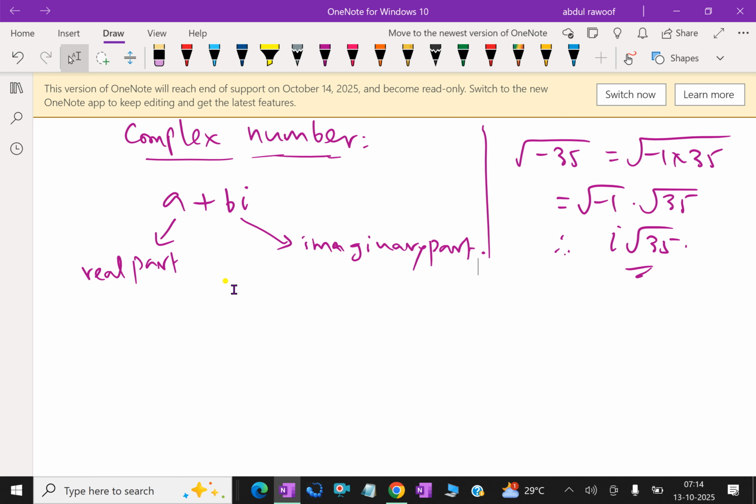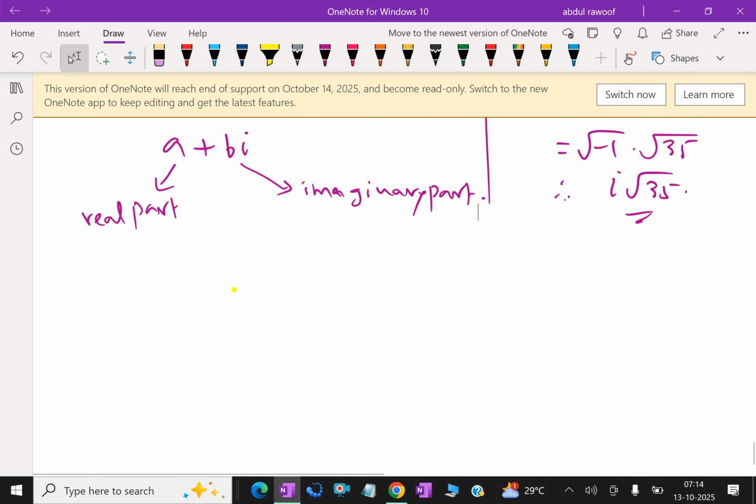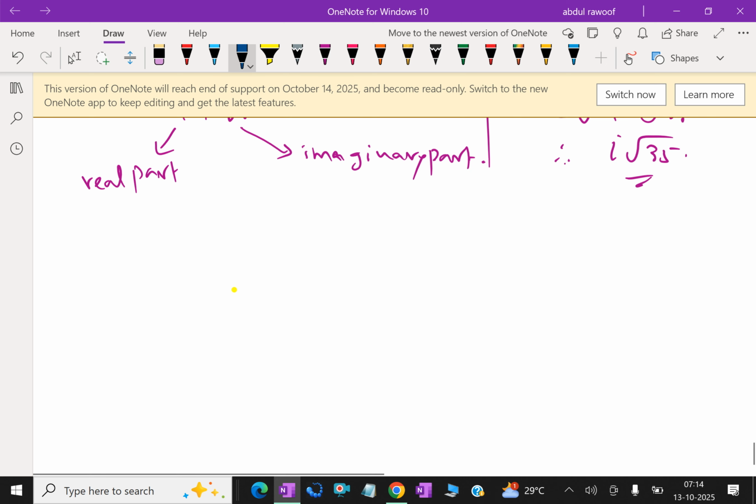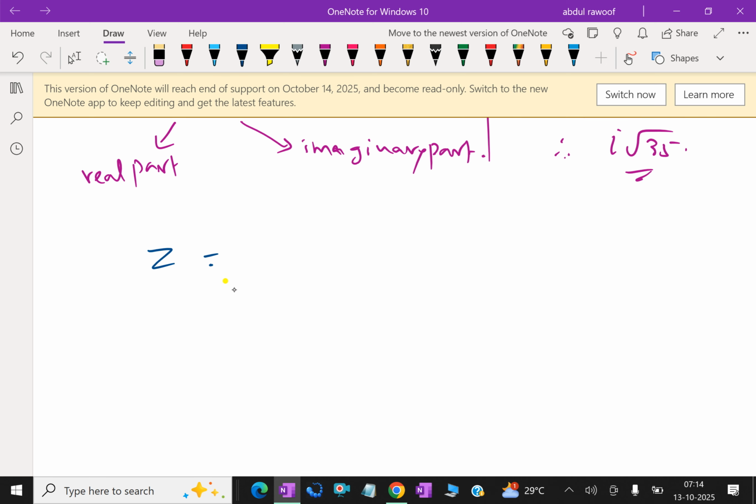Now, generally we express a complex number as z equal to a plus bi.